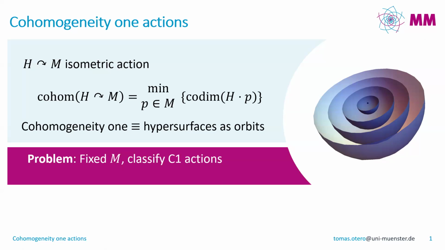And of course, if one aims to prove a classification result, we should clarify what we mean for two isometric actions to be the same. In this case, there are several notions. For example, you could ask that the corresponding subgroups are conjugate in the full isometry group.